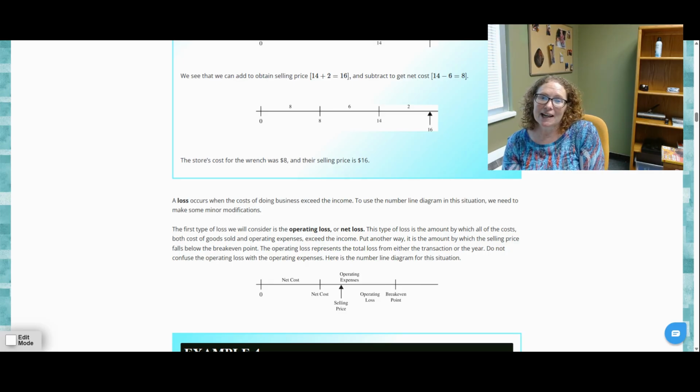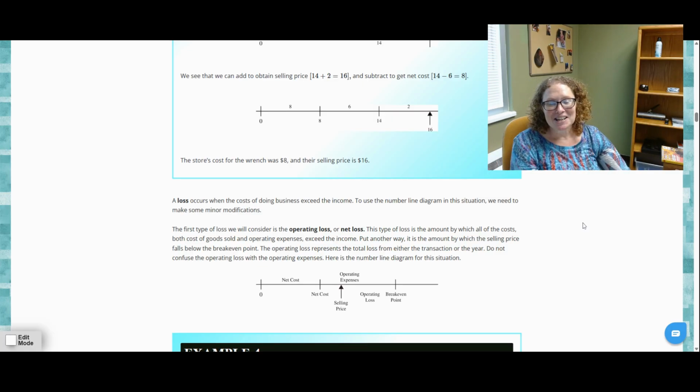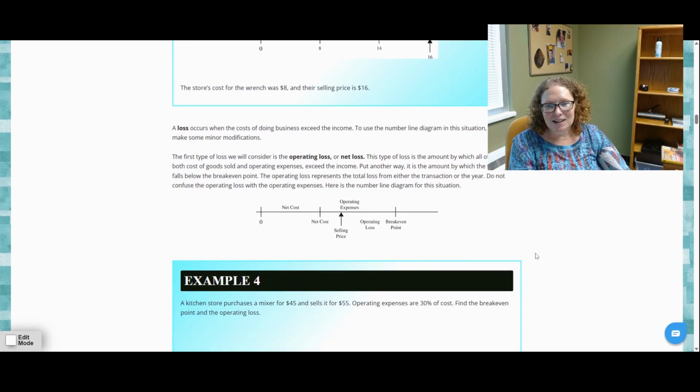But we can look at the number line again to help us with that. So we have this example here, and I've got the net cost, the selling price, operating expenses, the loss, and the break-even point.